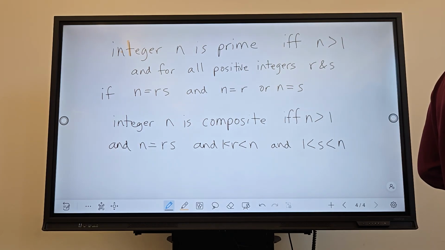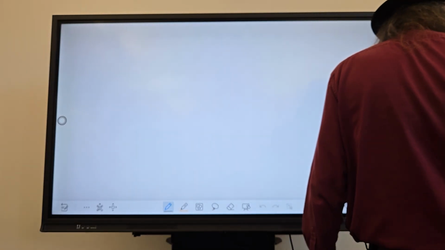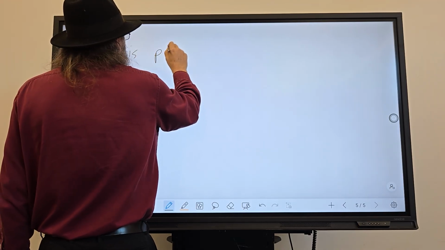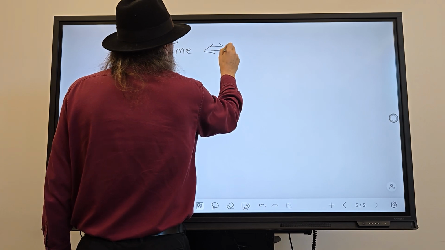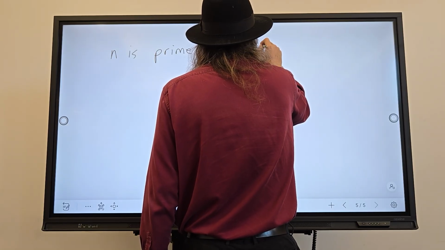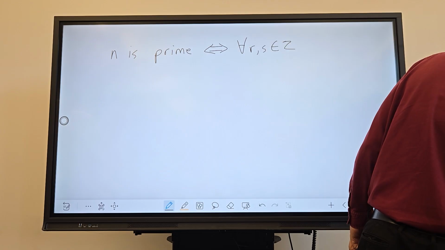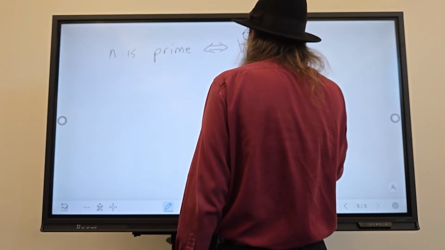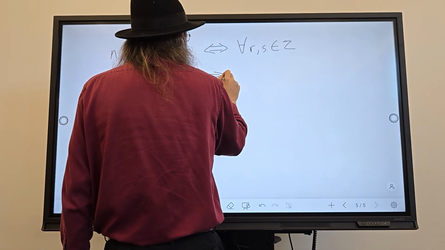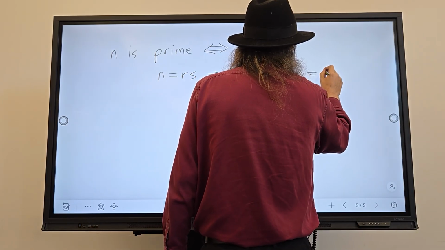So, put more symbolically, in more formal terms: n is prime if and only if for all integers r and s, if n equals rs, then n equals r or n equals s.